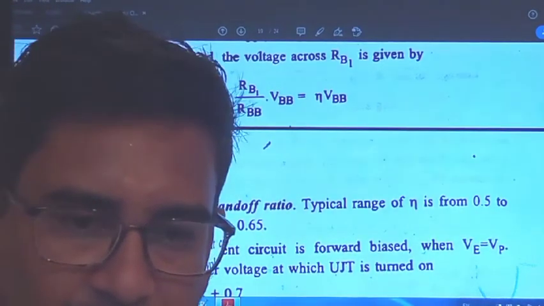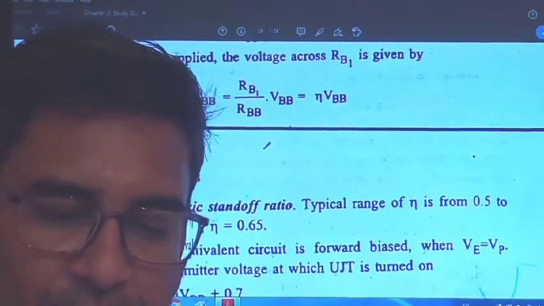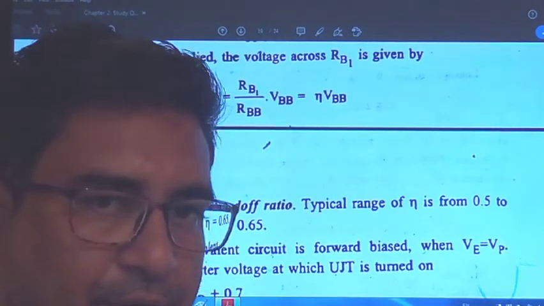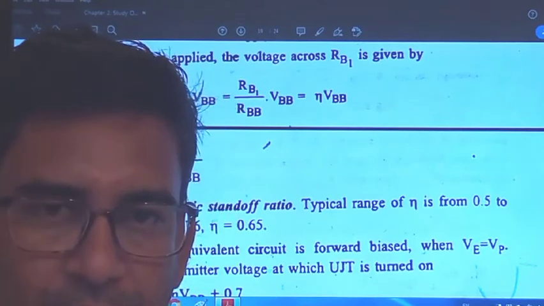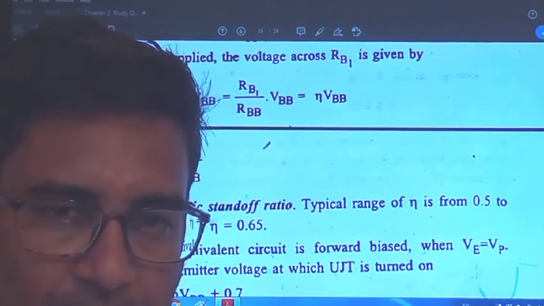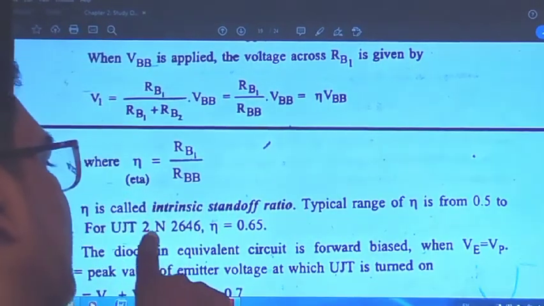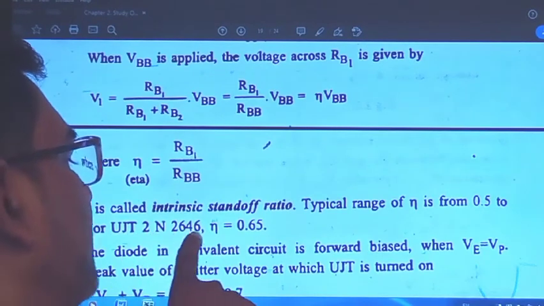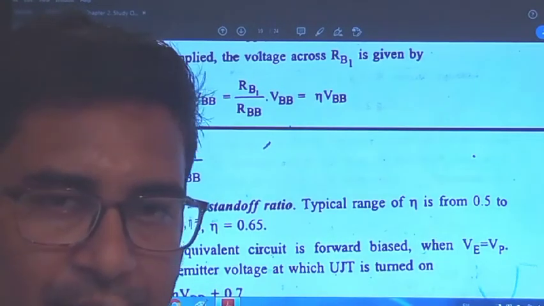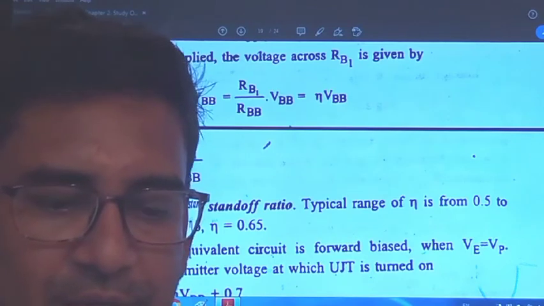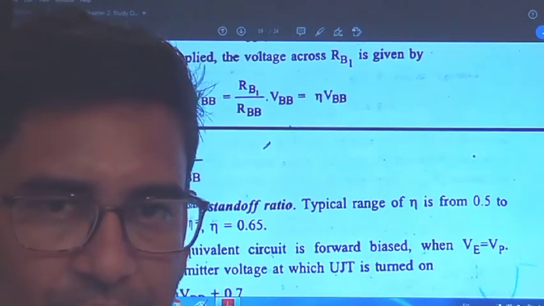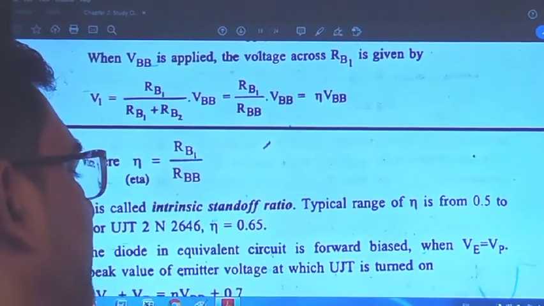Typically, the intrinsic standoff ratio is 0.5 to 0.8. For the UJT 2N2646, the intrinsic standoff ratio is 0.65.